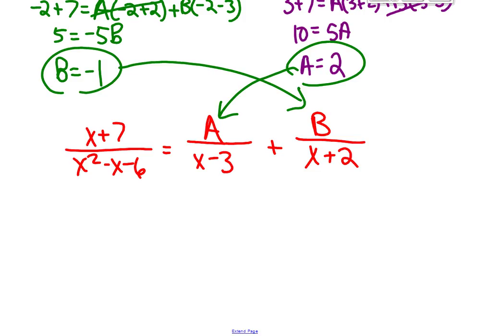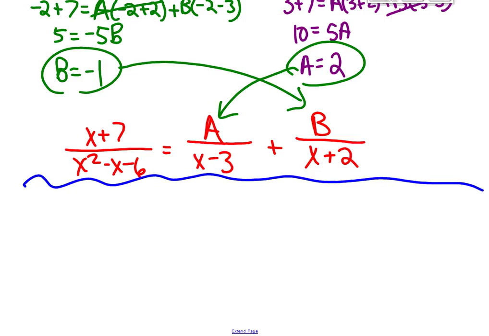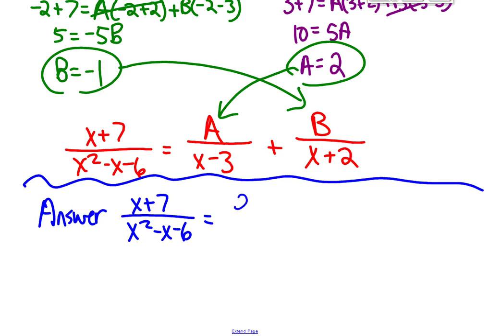So my answer is x plus 7 over x squared minus x minus 6 equals 2 over x minus 3 plus negative 1 over x plus 2. And that is our first partial fraction decomposition.